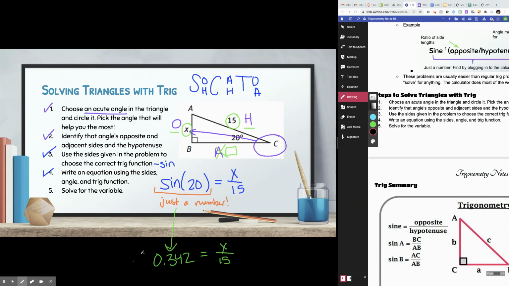Now, this just becomes a very simple, one-step algebra equation that I need to solve, because the goal here is to get x by itself. So this is x divided by 15. In order to cancel the 15 out, I have to multiply on both sides by 15.